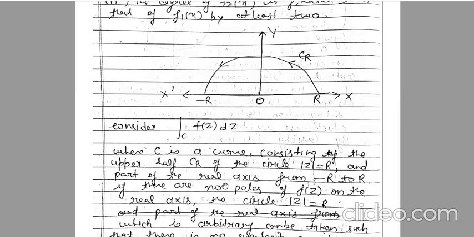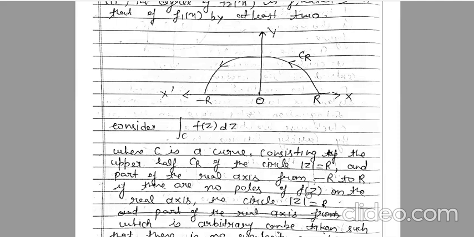And part of the real axis from minus R to R. Just try to understand: we are moving from here, so we will calculate for CR, the semicircle, and also for the real axis from minus R to R, the diameter.